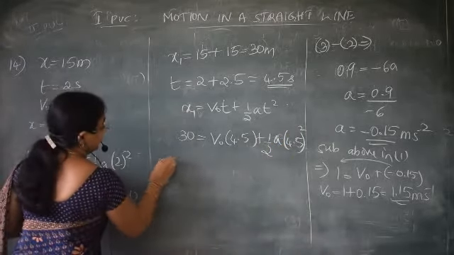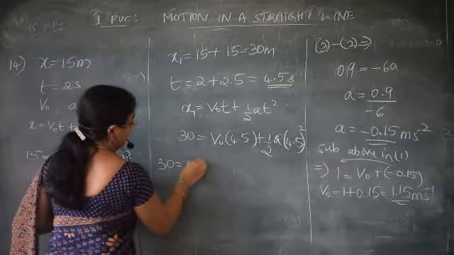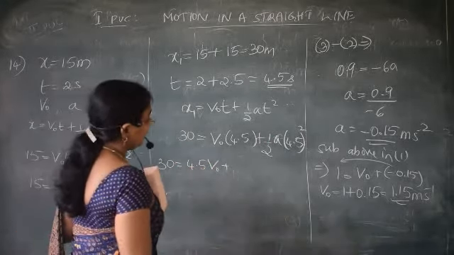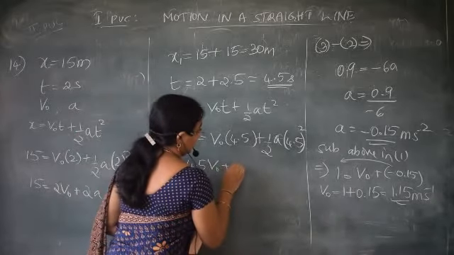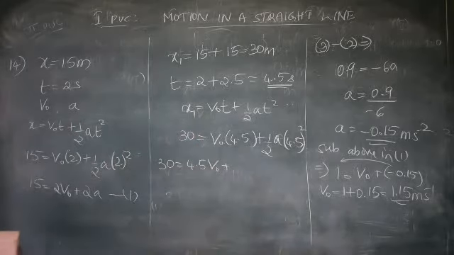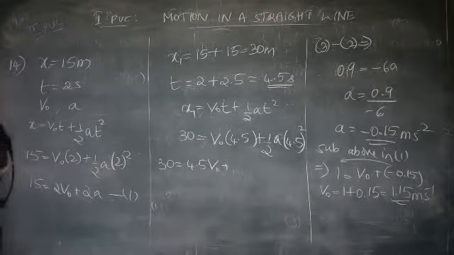So 30 is equal to 4.5 V naught plus, what is the answer we get? Half into A into 4.5 into 4.5. How much? 10.125, correct?